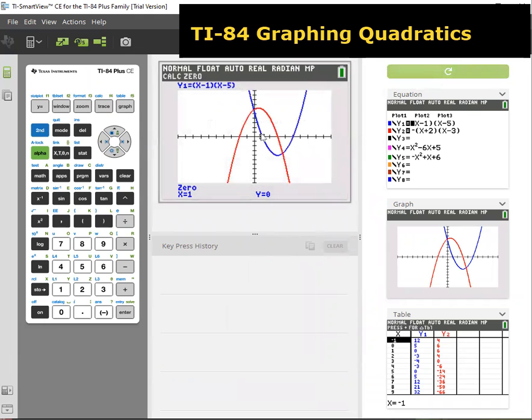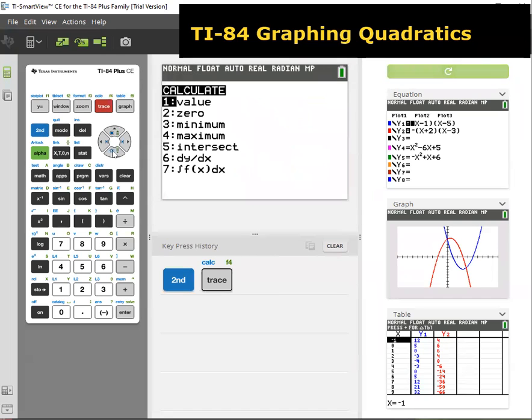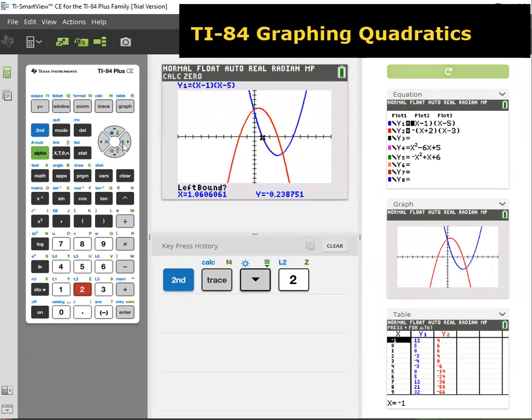Well, we know that there's a 0 at 1, and from the factors, we know there's a 0 at 5. So I hit second trace, 2, and it will go to the graph, tracing along the blue line. I know it's at 5, but it was given to me in standard form. Just make sure I'm in quadrant 4 on the left, underneath the x-axis.